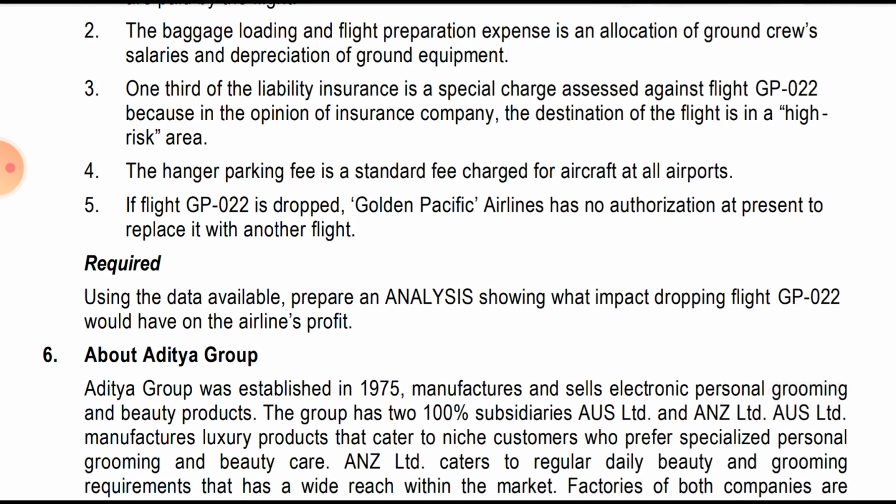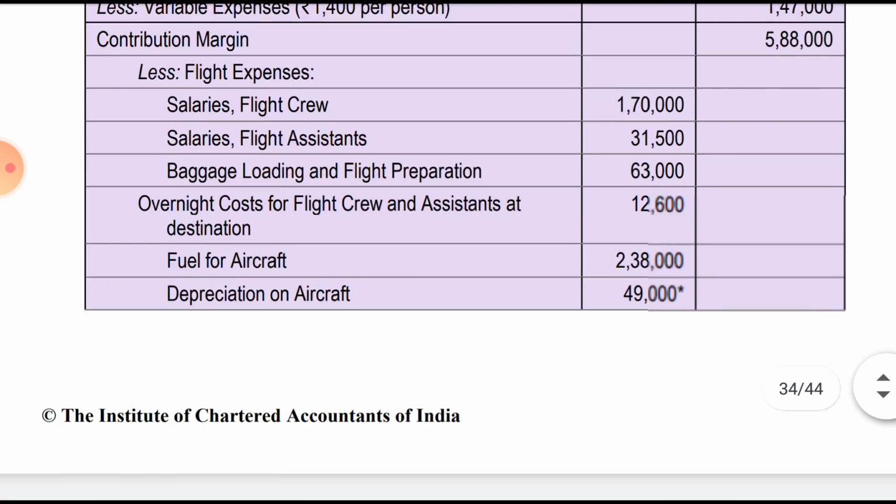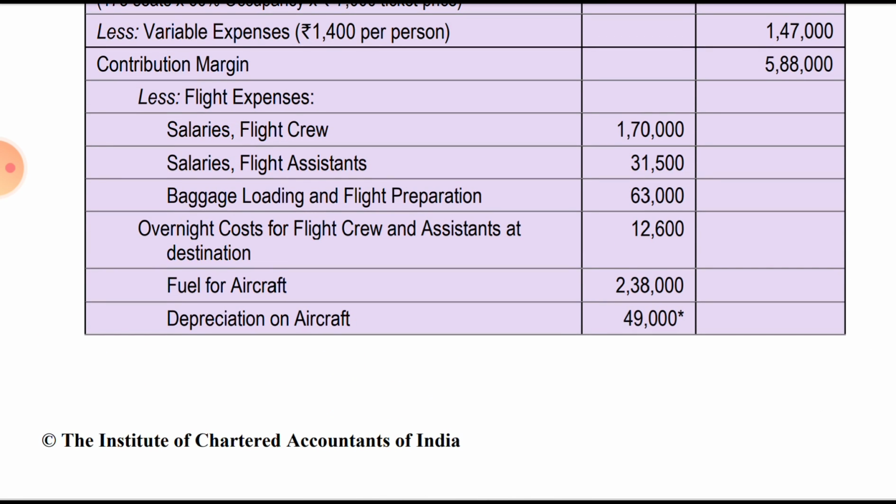Required: using the data available, prepare the analysis showing what impact dropping flight GP022 would have on the airline's profit. So excluding the fixed costs, we will calculate what contribution we get. Take the contribution figure on your calculator, 5,88,000, deduct 31,500, ignore 1,70,000, then deduct 12,600, then deduct 2,38,000.